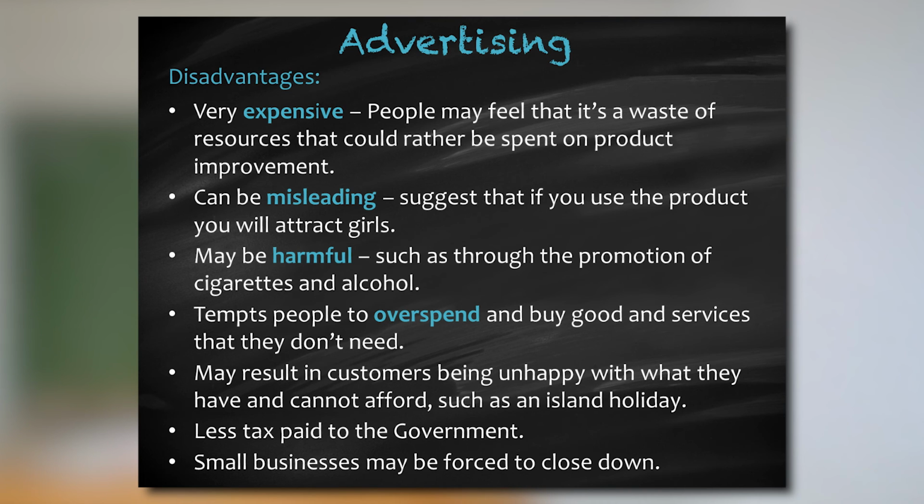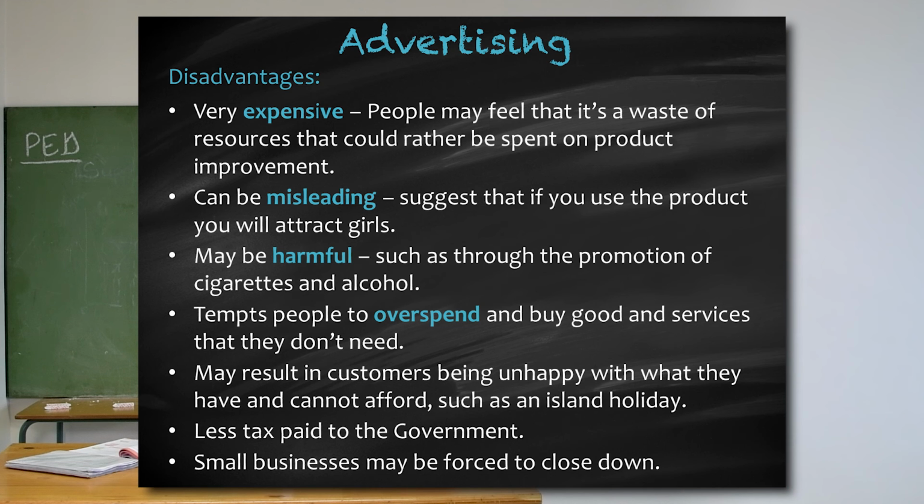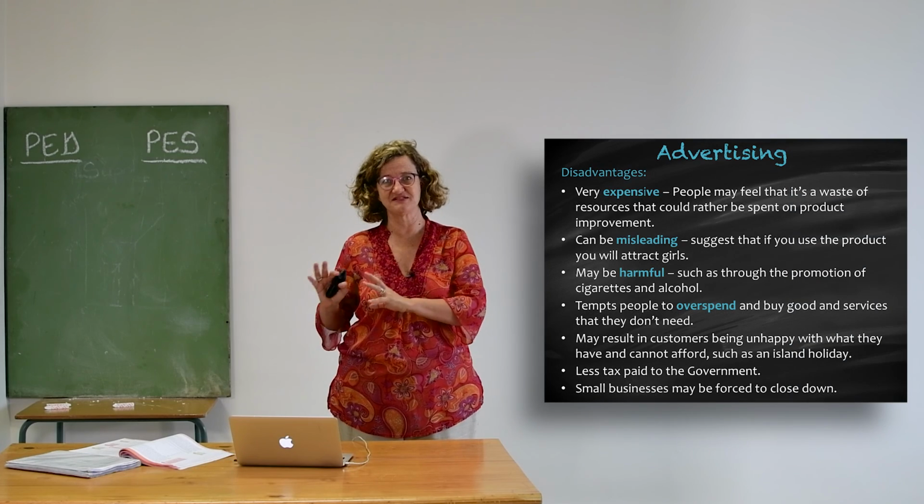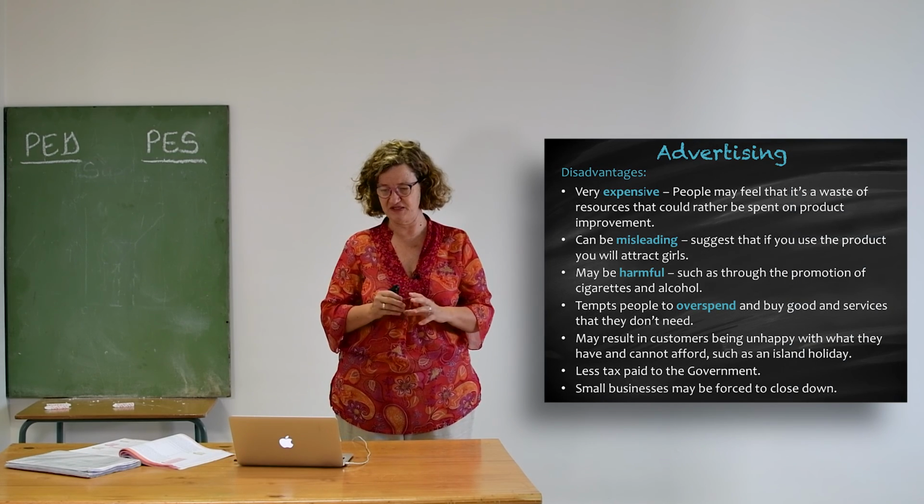And that means that the small firms will not survive in that market and they will close down. And that's why it is sometimes a problem for a government, because they say every country needs their small firms because the small firms employ most of the workers. So these are a few advantages and disadvantages of advertising.